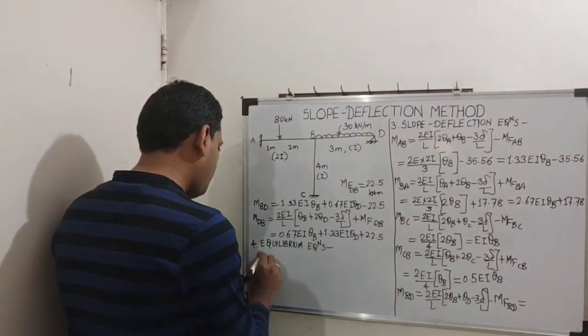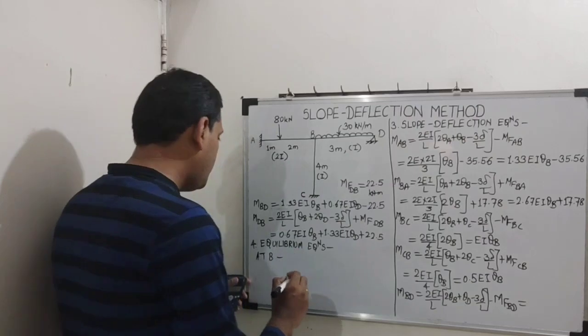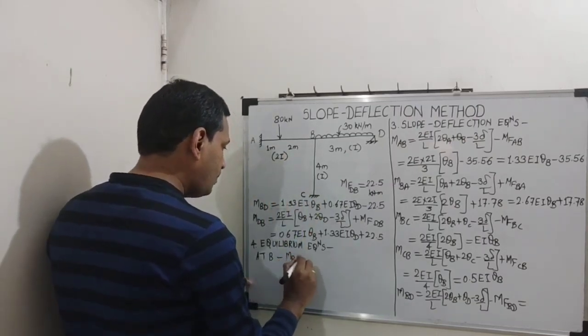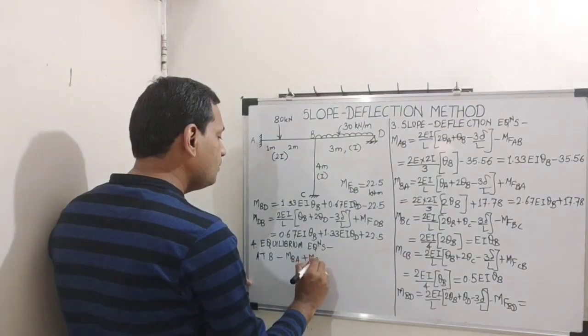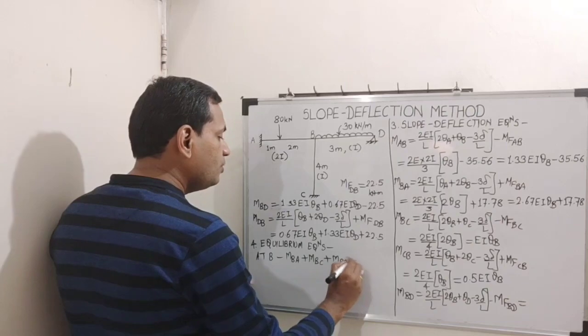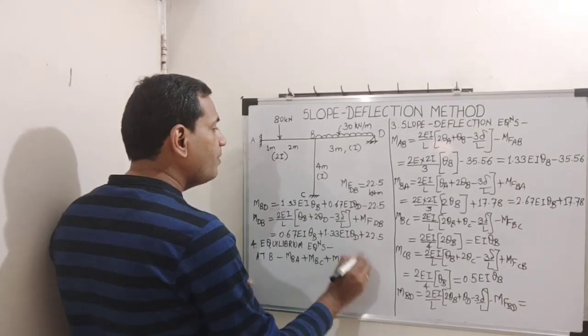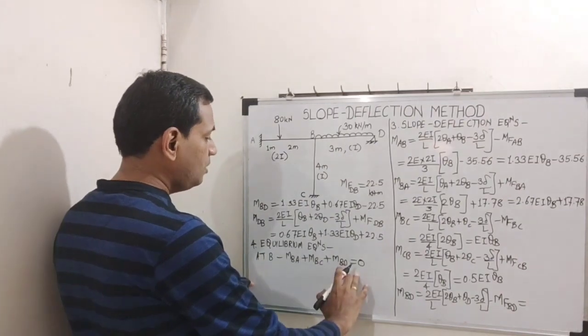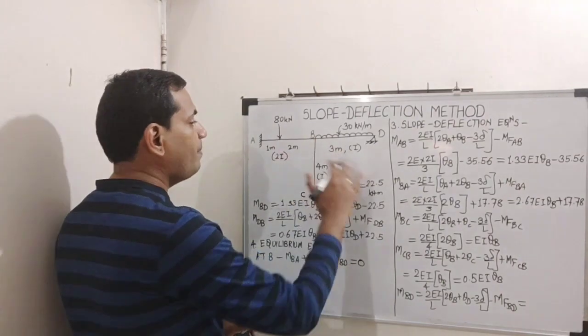At joint B, we have MBA plus MBC plus MBD equal to 0. Remember, there are 3 members meeting on joint B, so there will be 3 moments, 1 moment from each member.